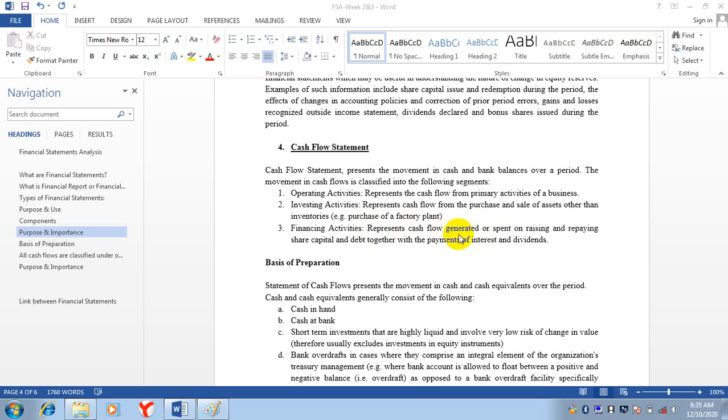So financing is what? Raising finance through debt or equity, or repayment of that finance. And repayment, you know about repayment.